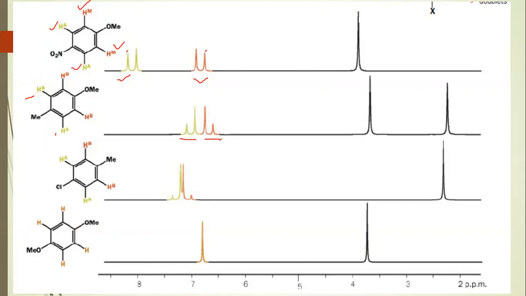So it's an AB quartet, an example of an AB quartet, where the protons have an AB type of spin system, or A2B2 type, or we can say AA'BB' type of spin system. But forget about that, let us just differentiate them. Just look at what we have. The doublet appears like a quartet. So it's an example of an AB quartet.